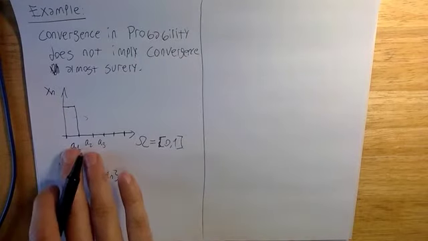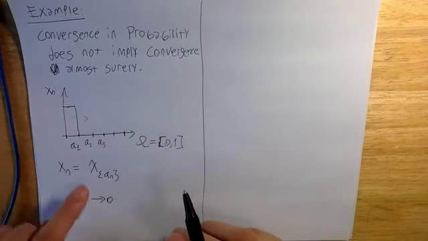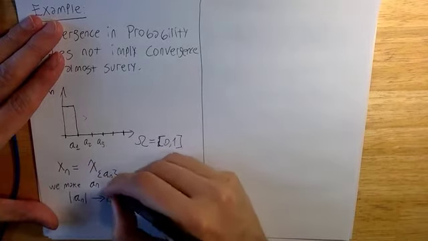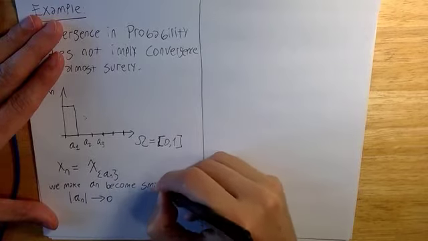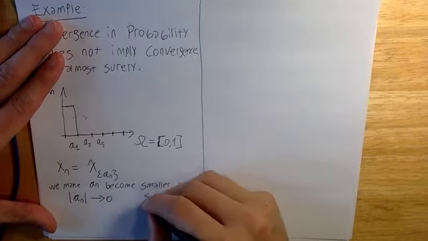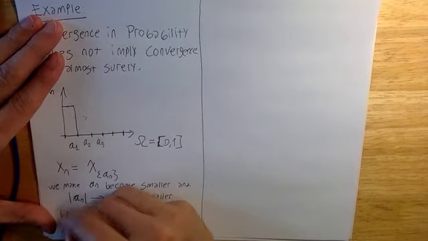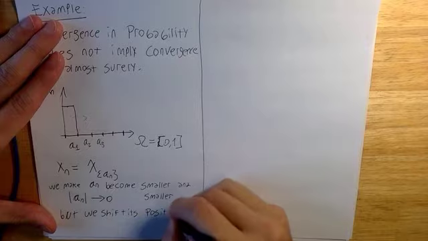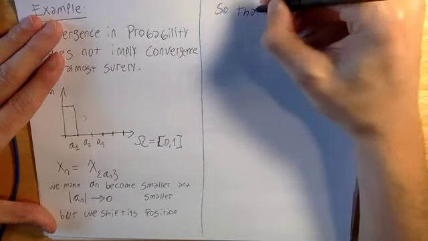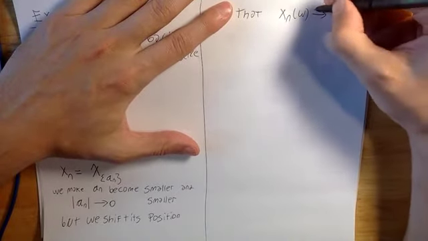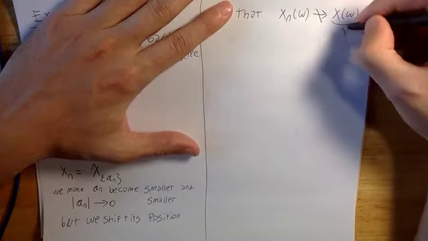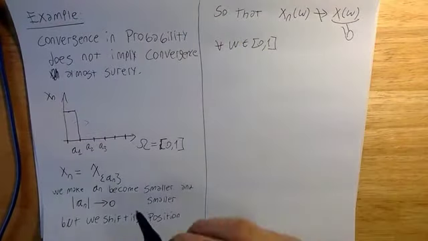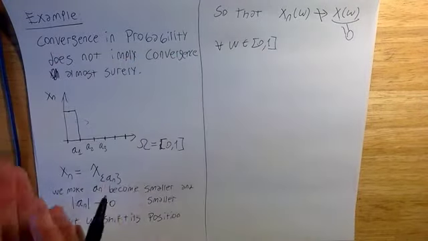So the point is that we can make the indicator of the set become smaller and smaller, so we make An become smaller and smaller, but we shift its position so that xn of omega does not converge to x of omega, which is equal to 0, for every omega in [0, 1].